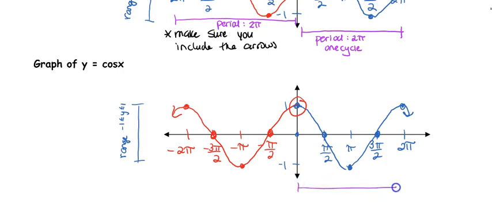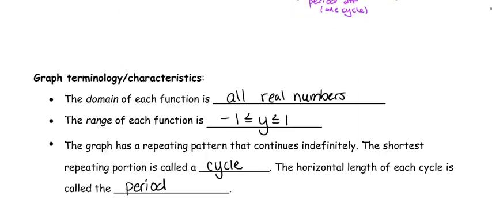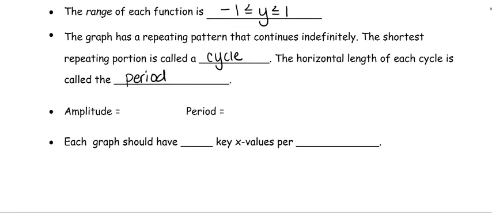The period is your cycle, and again in this case the period is going to be 2 pi, which is the distance of one cycle, one turn around the circle. A little bit more terminology down here. The amplitude, this is going to be the absolute value of your A, which we'll get to. That is how tall is your wave going to be.